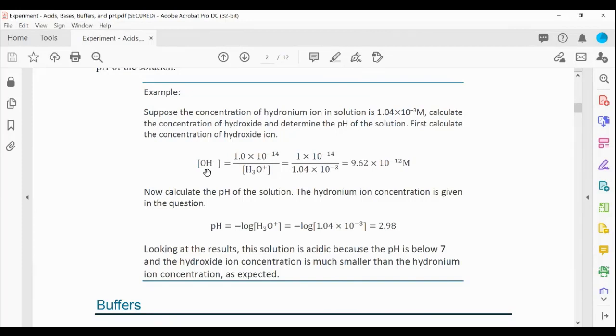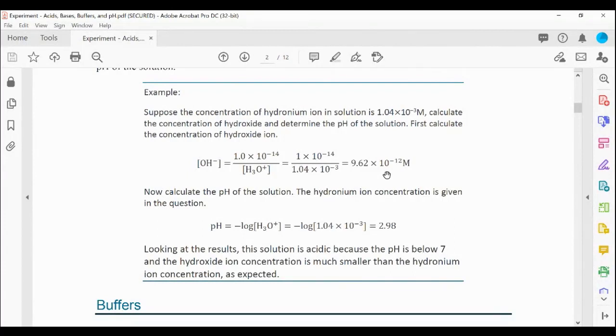If the concentration of hydroxide is higher, the other is going to be smaller. In this case, the concentration of hydronium is 1.04 times 10 to the minus 3. So when we solve this problem, just using the Kw, we get a concentration of hydroxide that is 9.62 times 10 to the minus 12.